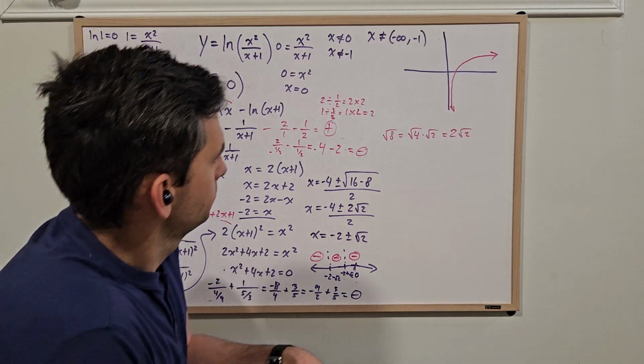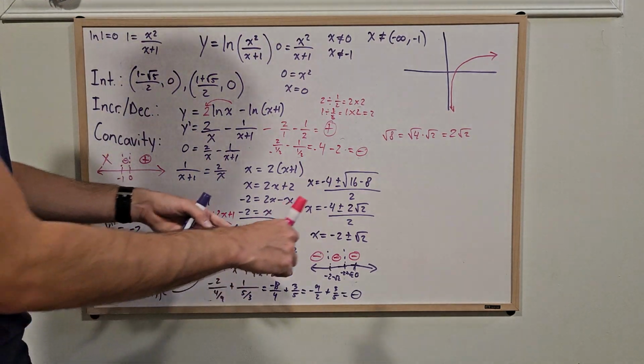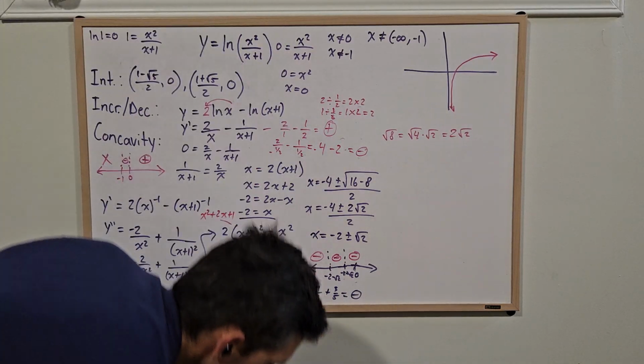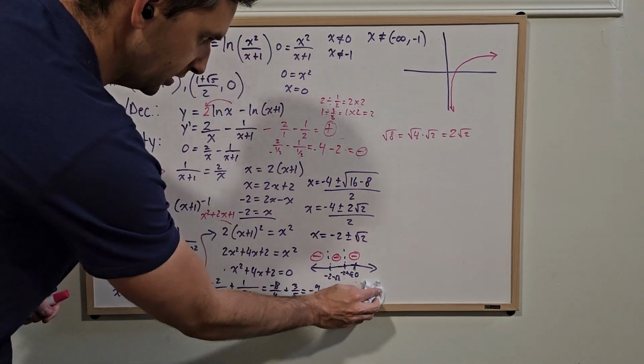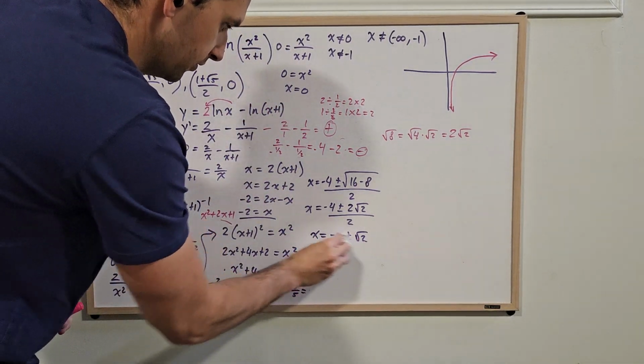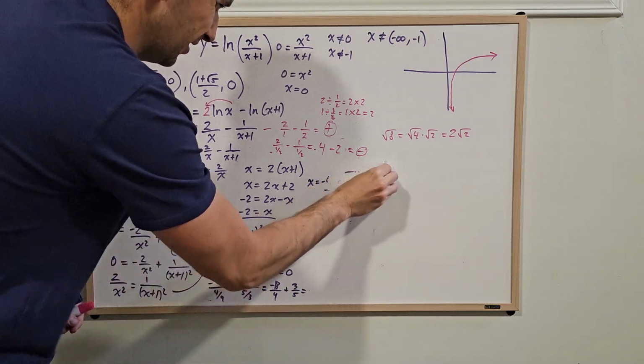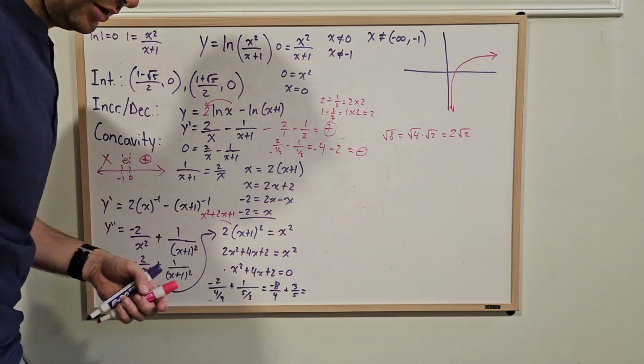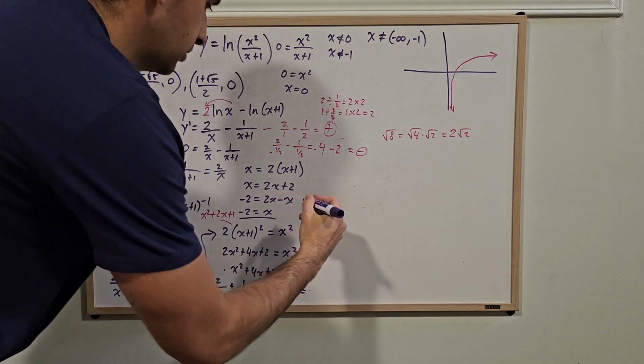Alright, so now I'm going to attempt to draw my graph here. I only have a little bit of space here, so I'm just going to get rid of some of this information. Oh, before I draw it, I need limits. Okay?